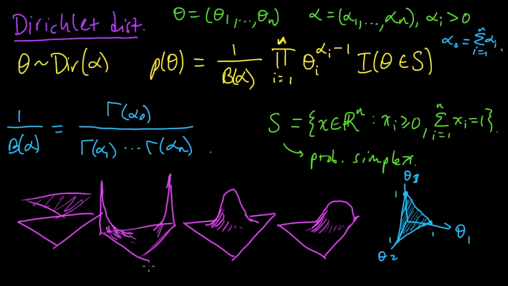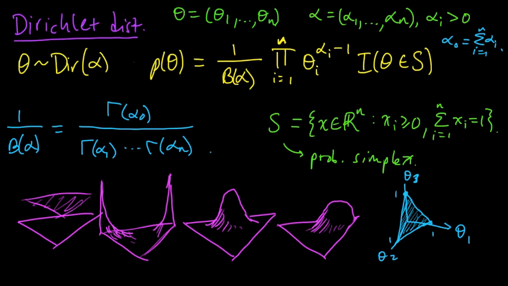So you can do all kinds of interesting things with this distribution. And oftentimes we use a Dirichlet distribution as a prior distribution on PMFs on a finite set like this. So it's very useful in Bayesian statistics, Bayesian inference.